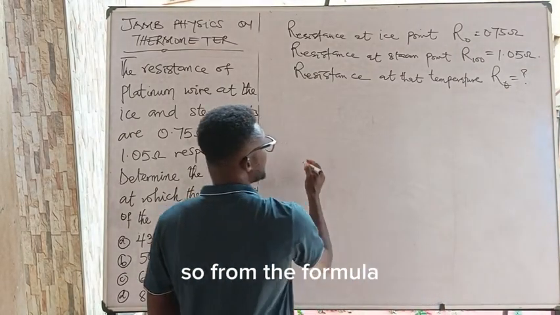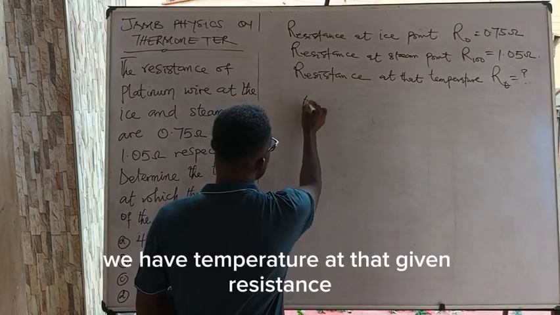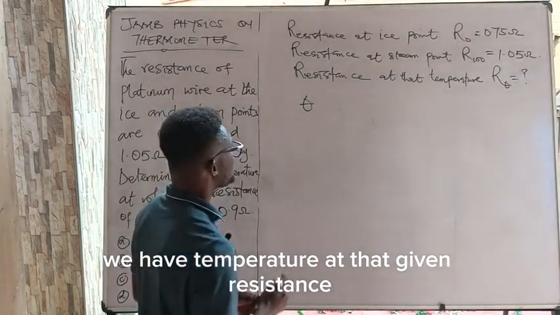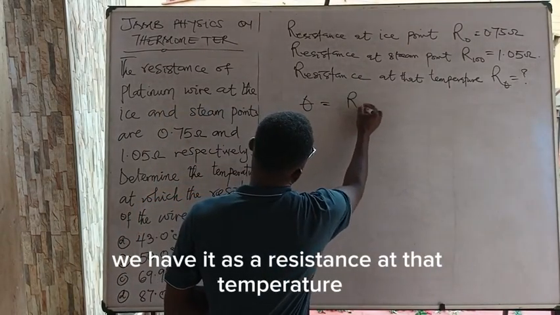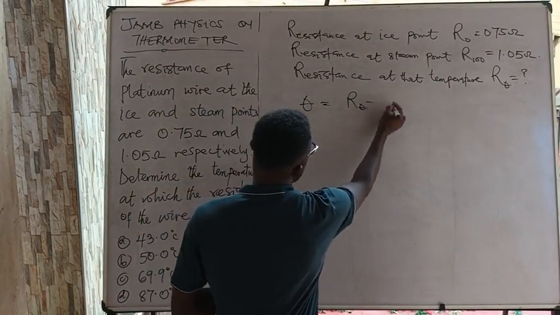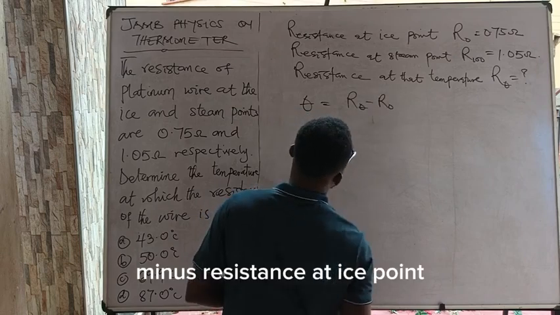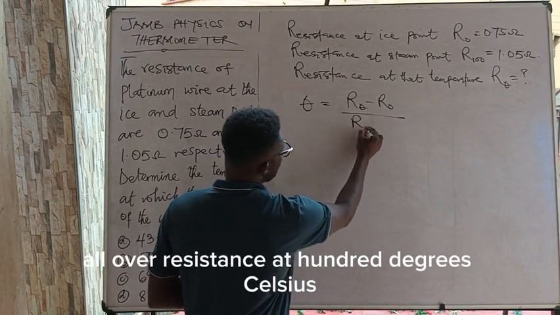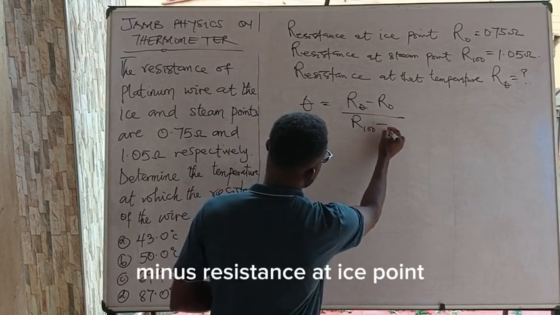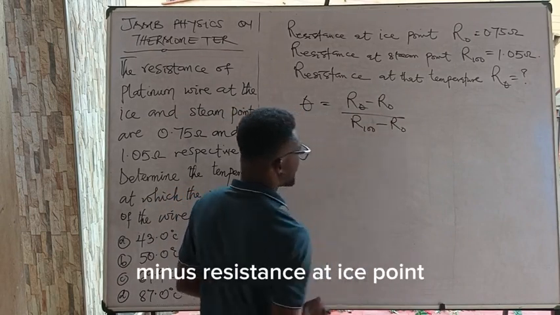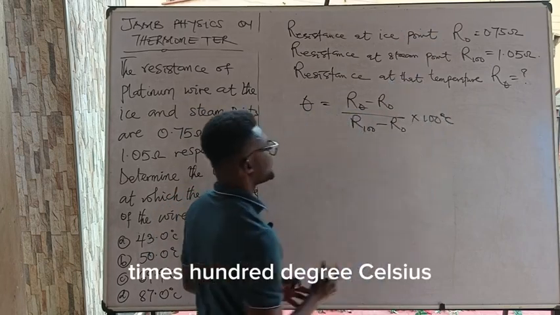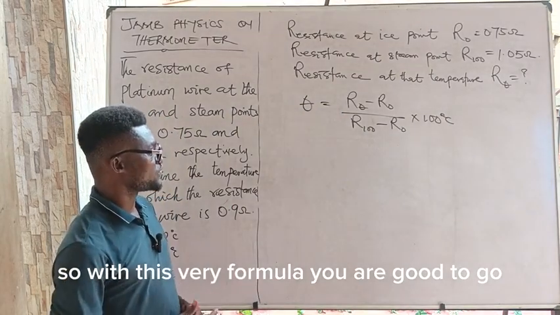From the formula, we have the temperature at that given resistance as resistance at that temperature minus resistance at ice point, all over resistance at 100 degrees Celsius minus resistance at ice point, times 100 degrees Celsius. So with this very formula, you are good to go.